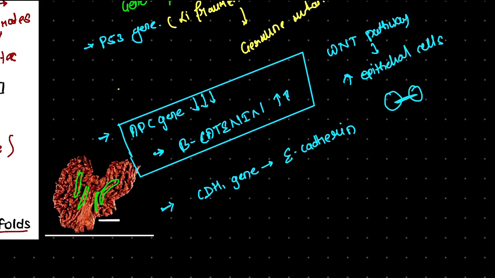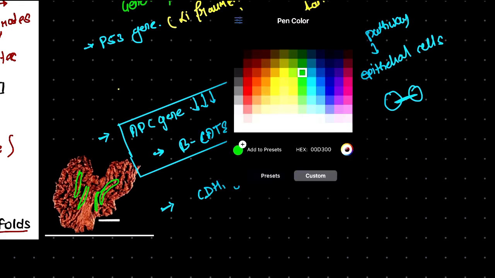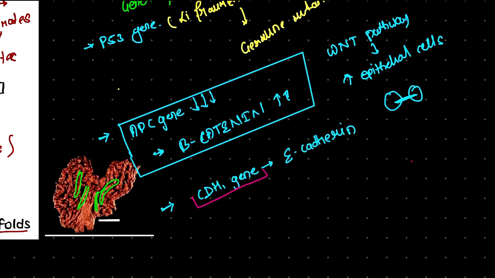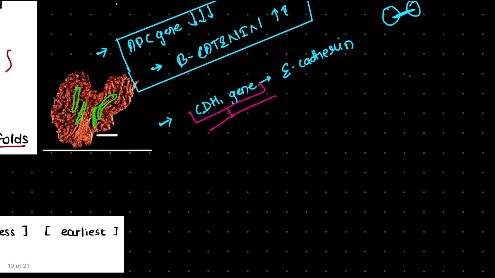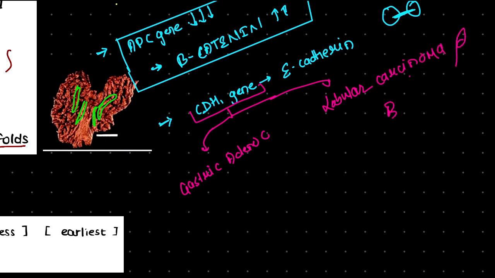Here there are two conditions that we need to keep in mind. CDH1 gene mutation is responsible for the development of two types of tumor. One is gastric adenocarcinoma, which we are studying right now, and another is lobular carcinoma of the breast, right?